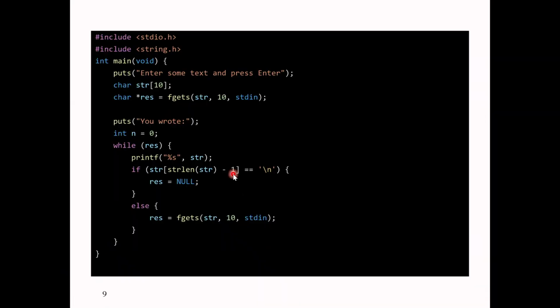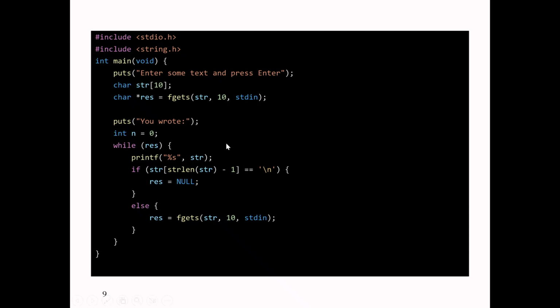We're going to look at the last character of the string and check, is it the newline character? fgets reads in the entire line and stores the newline character. When you're using these functions, you really have to pay attention to the documentation because they all do something very specific. fgets reads in the line and keeps the newline character on the end.